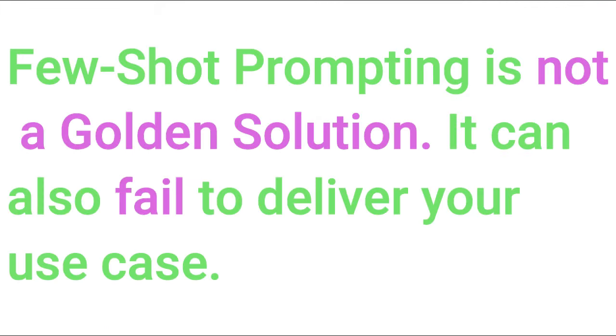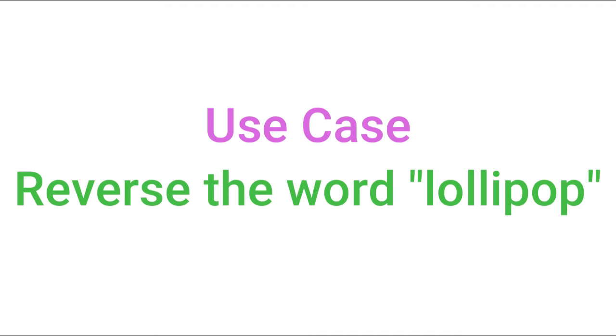While few-shot prompting is a powerful technique for guiding a language model to perform specific tasks, it can sometimes fail. So we cannot say that using the few-shot prompt technique, we can solve any problem or implement any use case. Here we are going to take one example use case where we demonstrate how the few-shot prompt technique will fail, and then we will see how to solve those problems where few-shot prompting is not helpful.